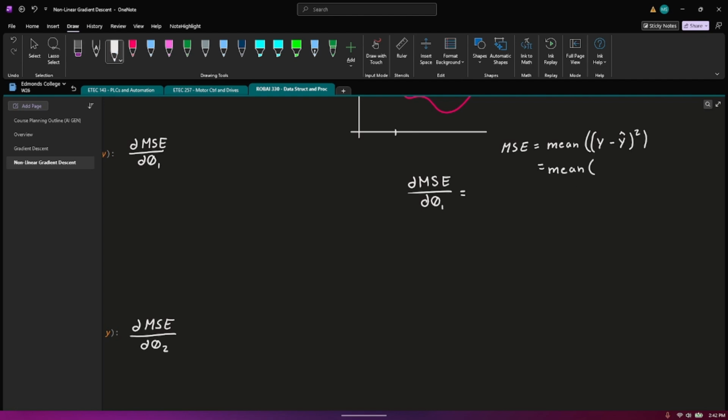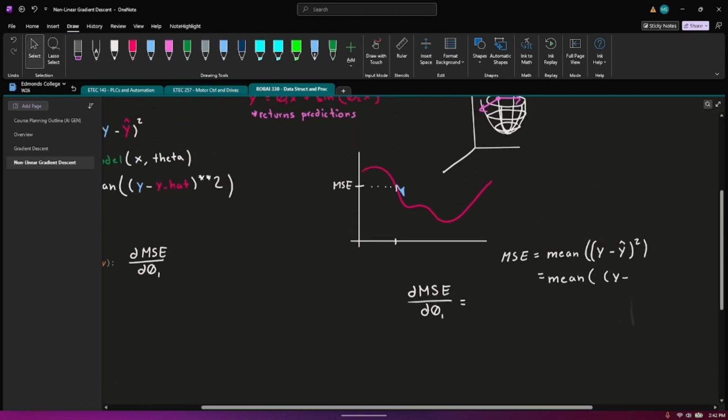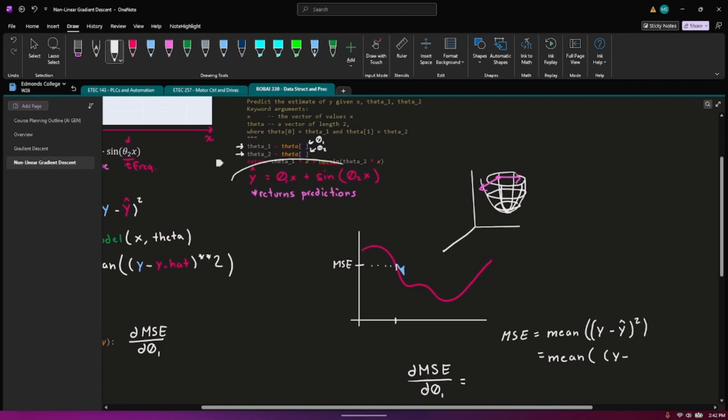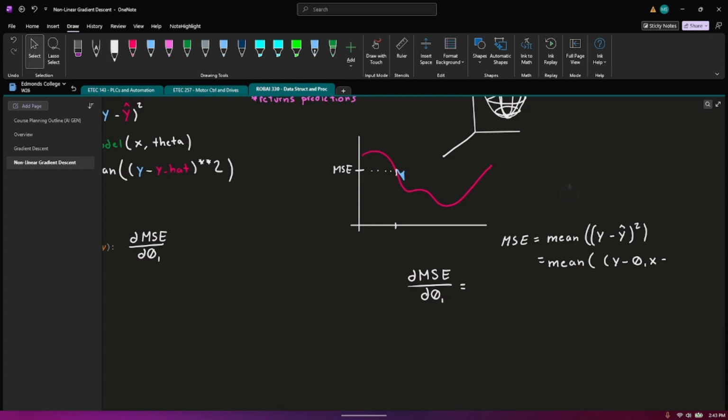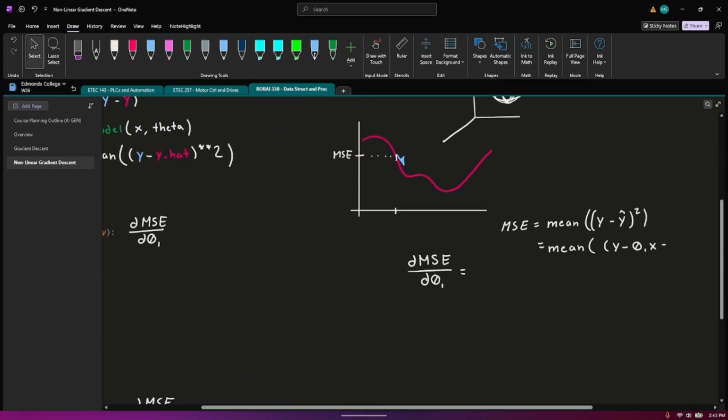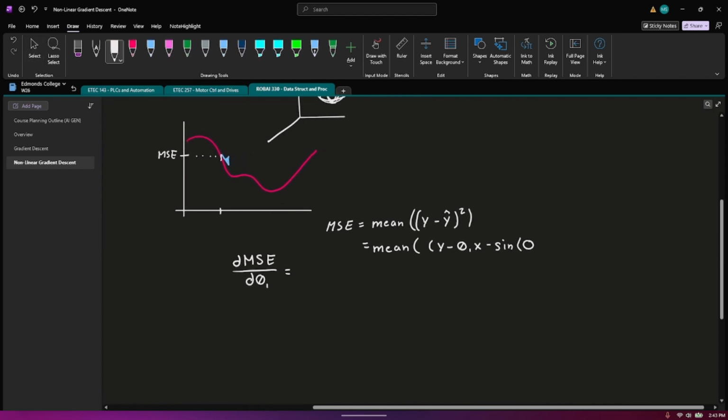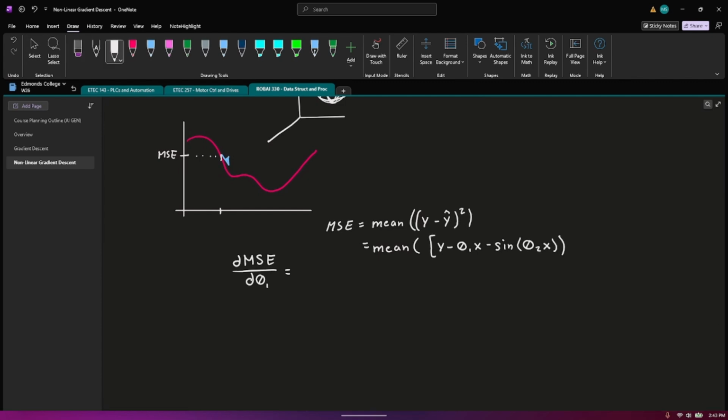So the mean of y minus, and we remember our y hat is just our sine model up here, y minus theta 1 x minus, our negative distributes here, minus the sine of theta 2 x. And this whole thing, we'll use brackets like this, is squared.